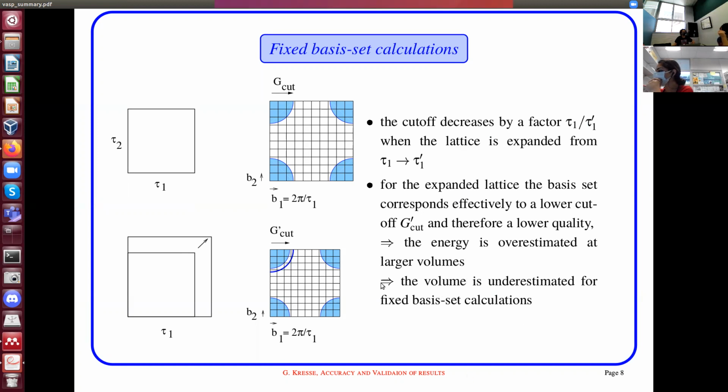It is telling you that at larger volumes the energy is overestimated, and for a fixed basis set it is underestimated. But again, don't focus too much on what is happening. Just remember that whenever you change the volume, so you do a bulk optimization, you need to be extra careful and increase the energy cutoff.